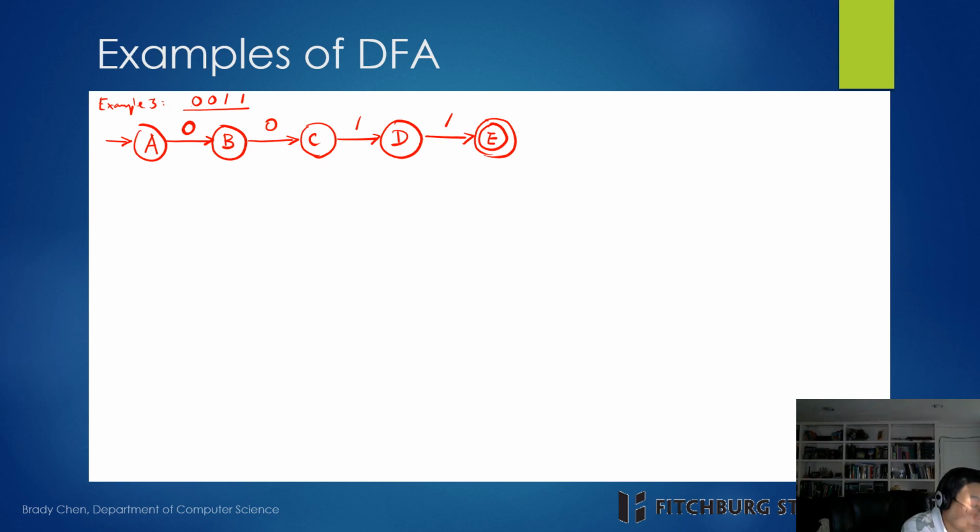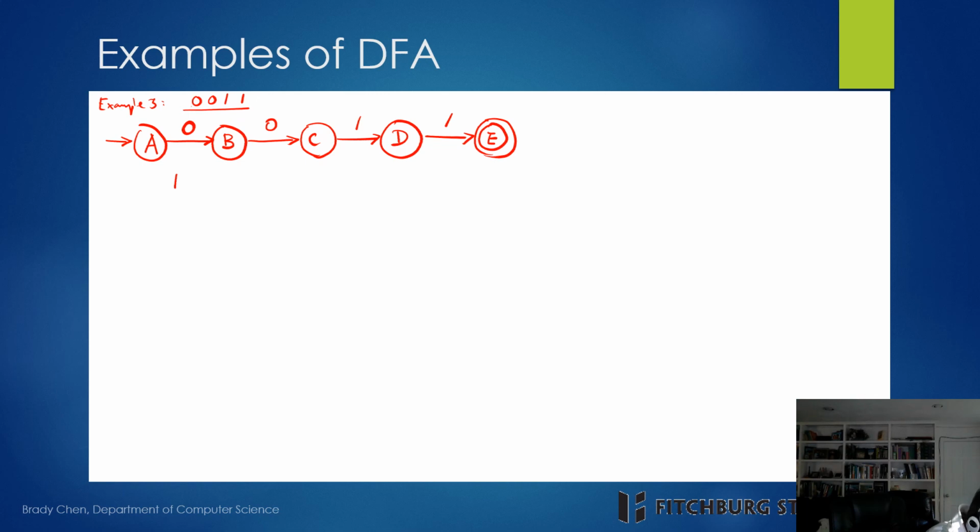Okay. Now what about if the first one is not 0, if it's 1, right? That means we're not going to be able to build a 0, 0, 1, 1 if the string starts with 1.